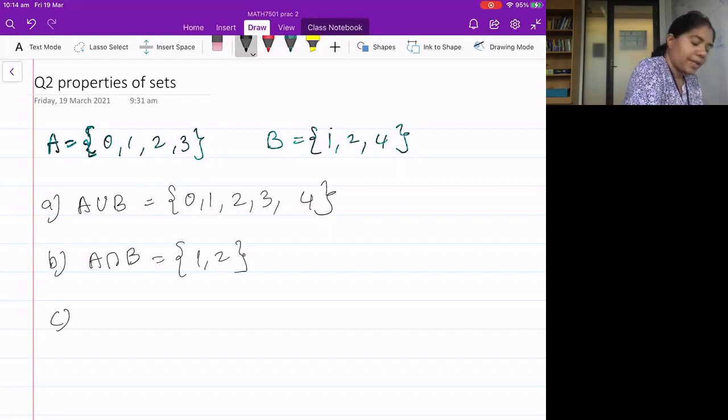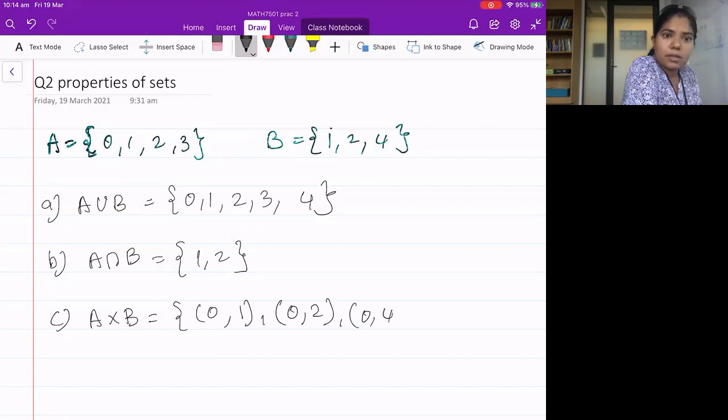C is again the Cartesian product of A and B, which are ordered pairs. The first element of the pair should be from A, so it's 0. The second one should be from B: 0, 2, 0, 4. Sorry, I think I missed one.